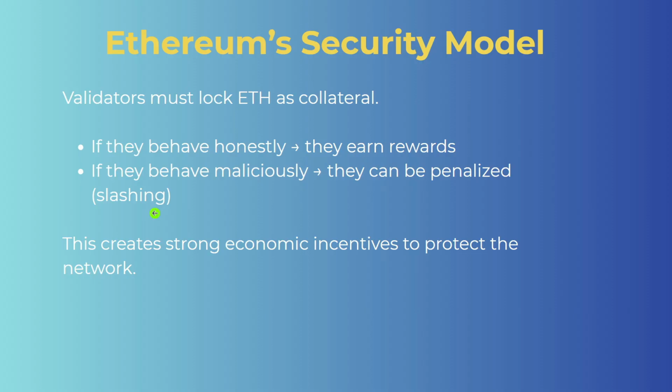So basically, depending on the type of misbehavior they have done, part or all of the ETH is taken from the validator. So this creates a strong economic incentive to protect the network.